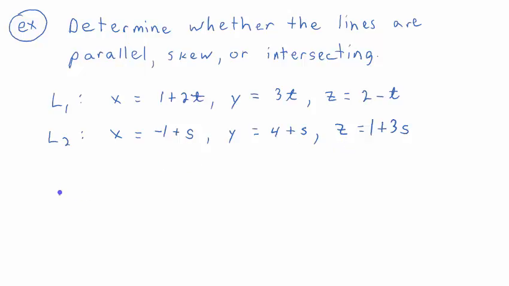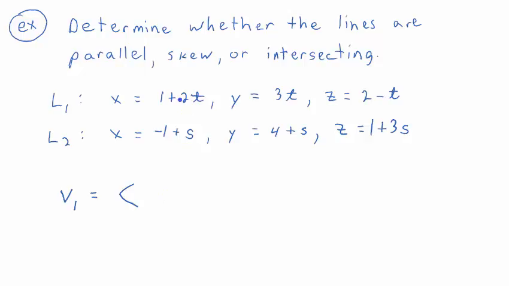Okay. The direction vectors will tell us whether or not the lines are parallel. If they're not the same line, but they have the same direction vectors, it means the lines must be parallel because their direction vectors are parallel. So if you look at the direction vector v1 for line 1, you can pick it out as the coefficients of t.